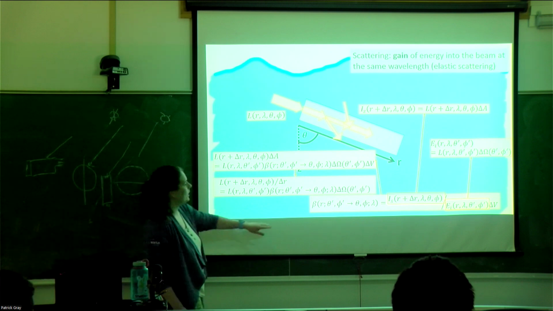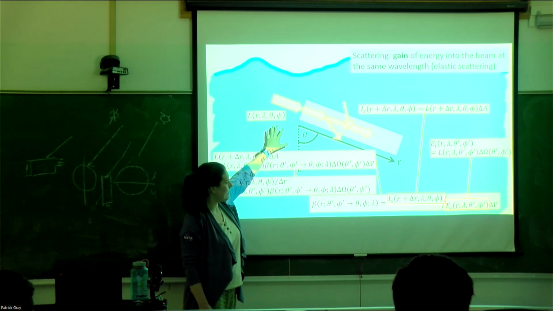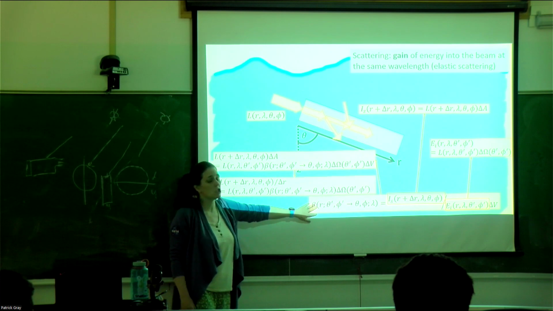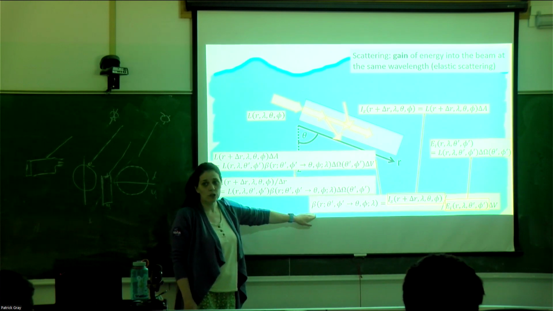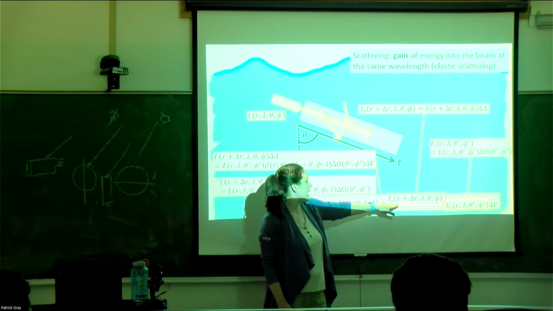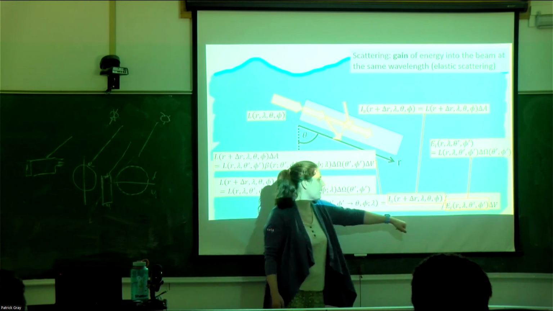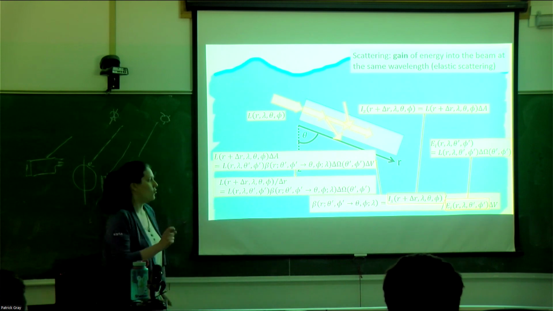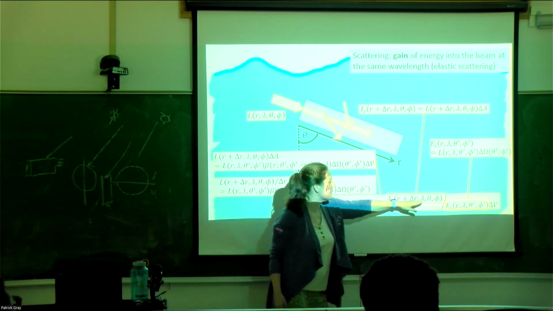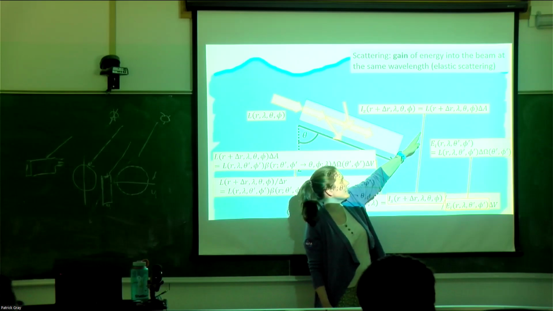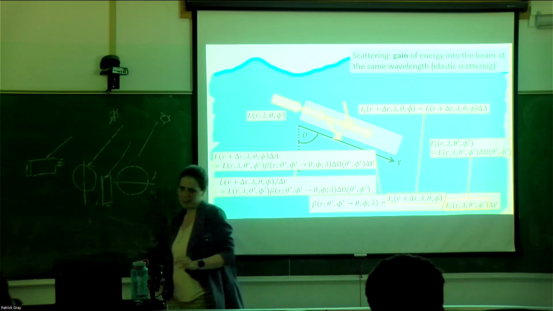So we are ignoring this incoming beam for the moment, and we're just thinking about the VSF, and that the VSF is described by the scattering intensity divided by the irradiance per unit volume. And then the scattering intensity along the beam path is related to the radiance times the area.